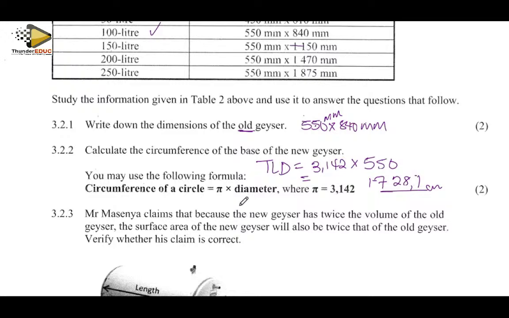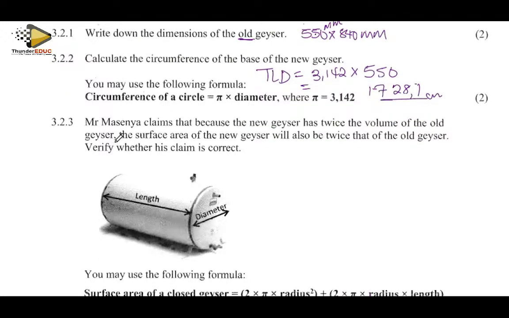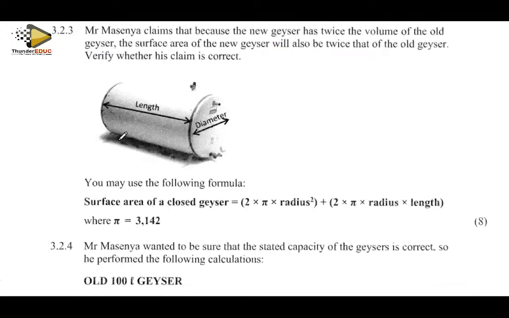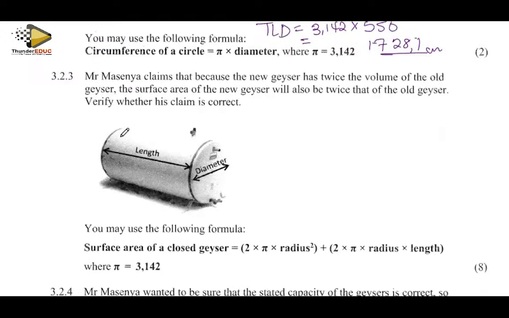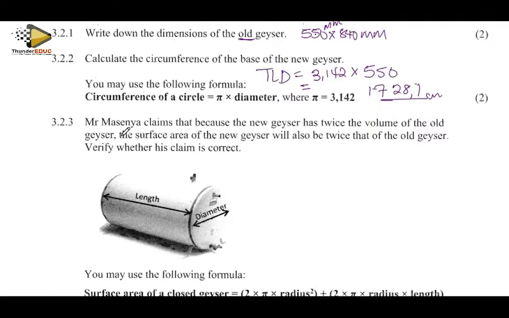We look at question number 3.2.3. This claims that because the new geyser has twice the volume of the old geyser, the surface area of the new geyser will also be twice that of the old geyser.